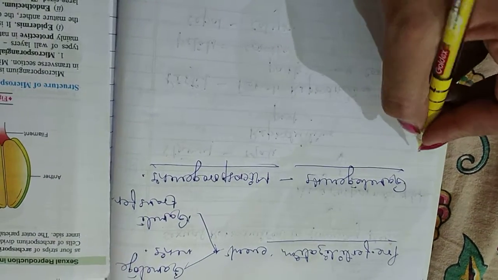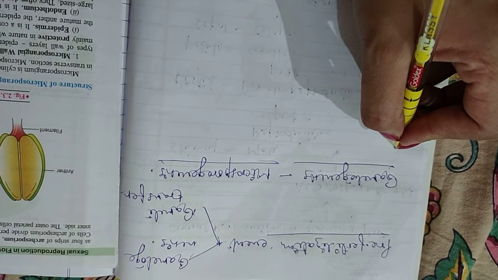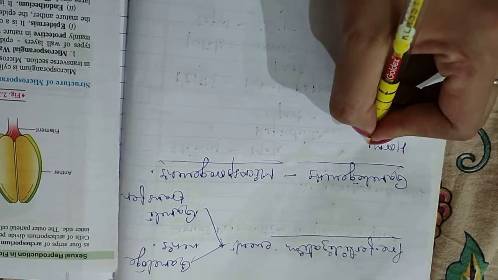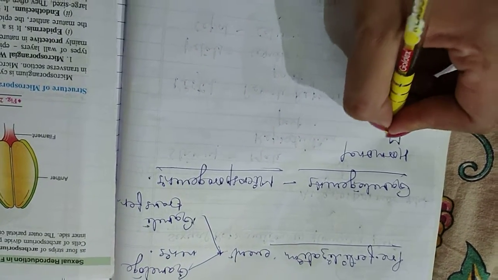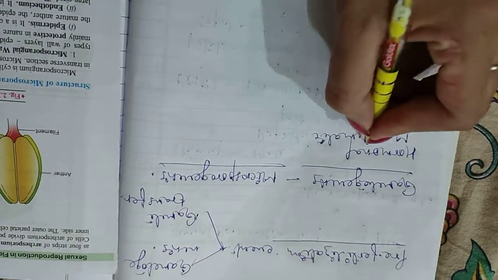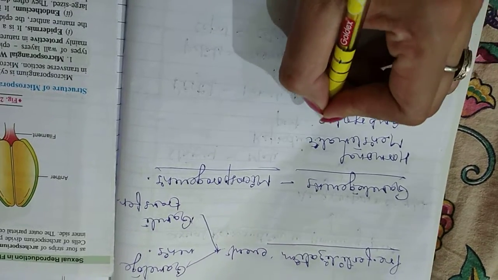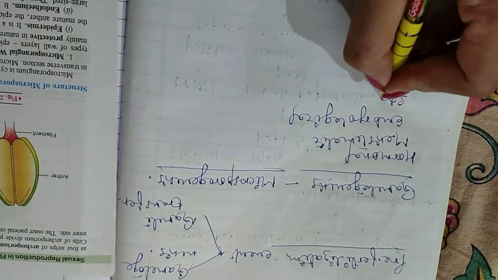So in the pre-fertilization event, many things are responsible, like hormonal, meristematic, embryological, and structural.